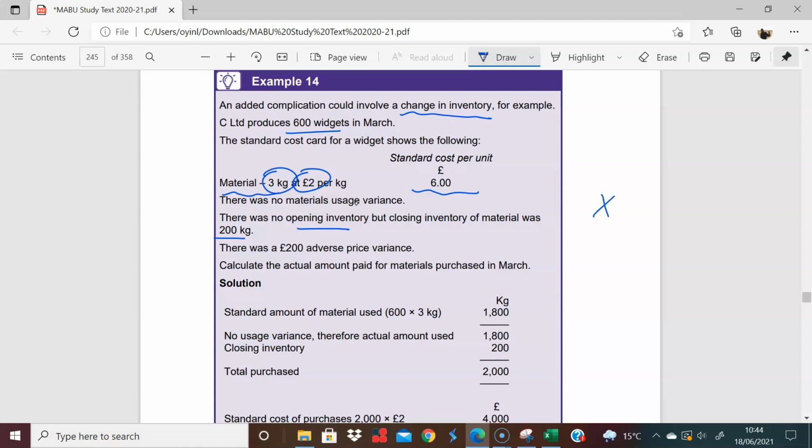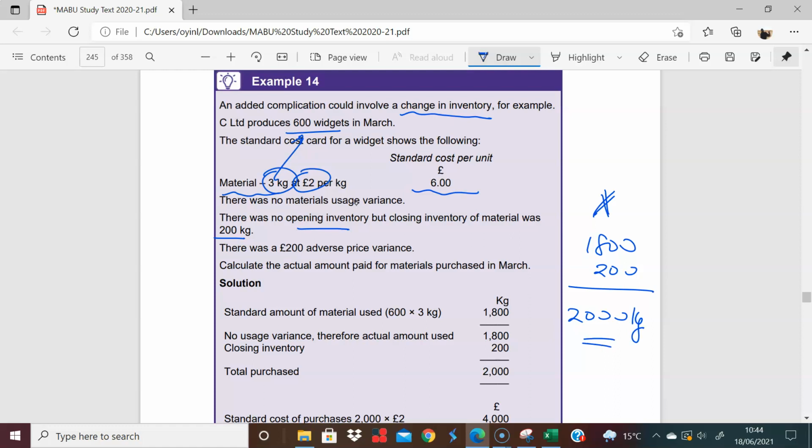If you made 600 widgets and you need 3 kilograms for each widget, you must have bought in for production at least 1,800. And if you had no opening inventory but closing inventory of 200, you must have bought in another 200. That means you must have bought in 2,000 kilograms.